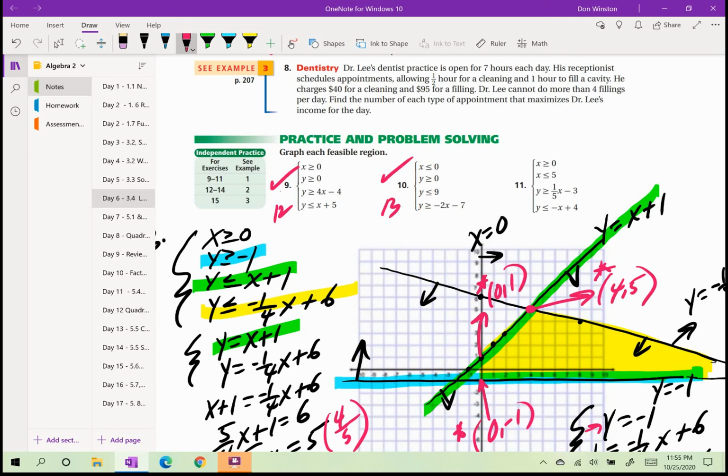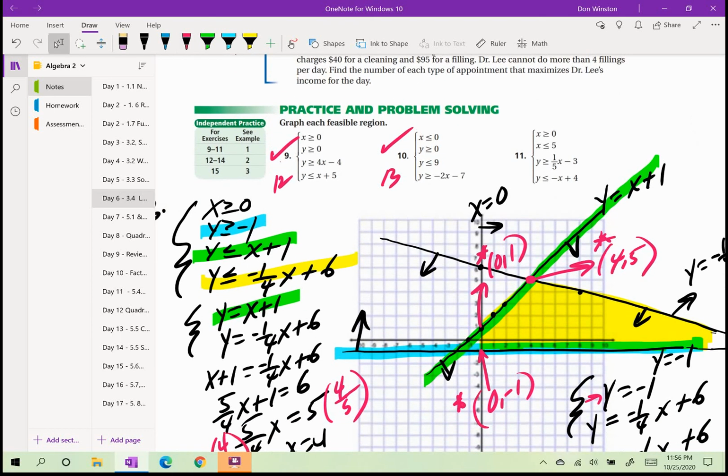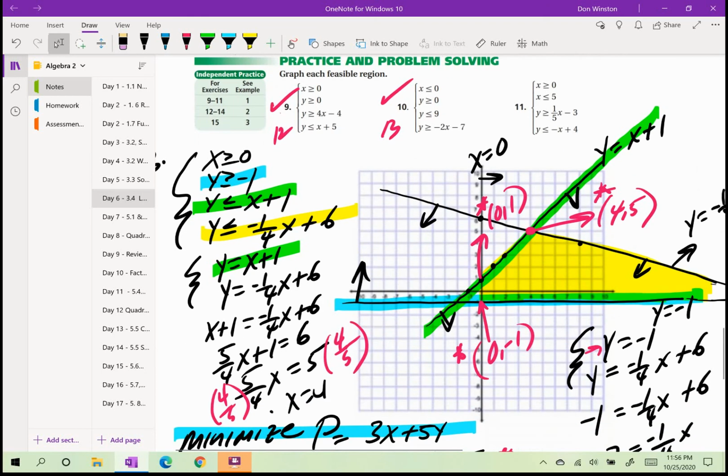And again, your test on Wednesday, Thursday will have these plain vanilla problems. You're given some y equals mx plus b. You have to graph them, and then you're given an objective function, and then you have to minimize or maximize the objective function after you find the corner points of the feasible region.